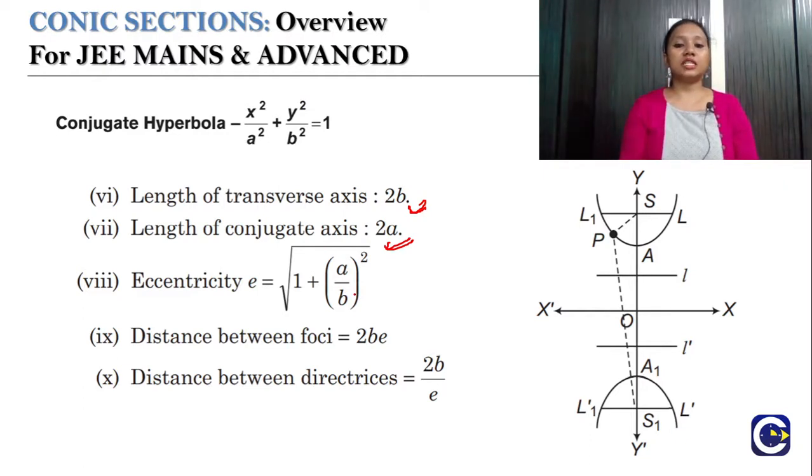So even our eccentricity here has the formula e equals root over 1 plus a by b whole square, and the distance between foci there was 2ae but here it is 2be. Similarly, our distance between directrices will also change. Instead of a it will be b here, because the axis has been turned.